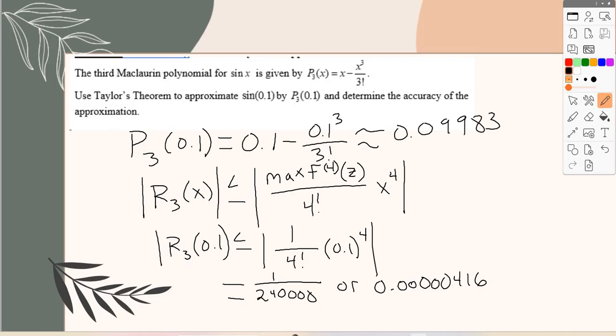Pretty accurate. If you think about 0.1, it's pretty close to where we're centered, towards 0. And remember when we were looking at our graph, when we started building out that Taylor polynomial, as long as we're centered around 0, that Taylor polynomial was fairly accurate to my sine graph as long as it was relatively close to 0.